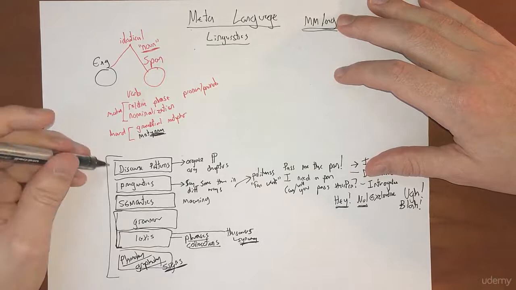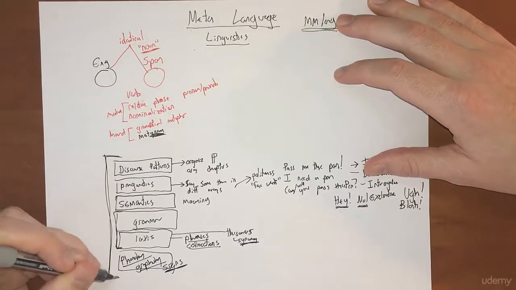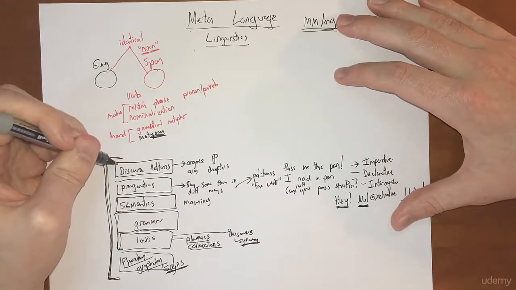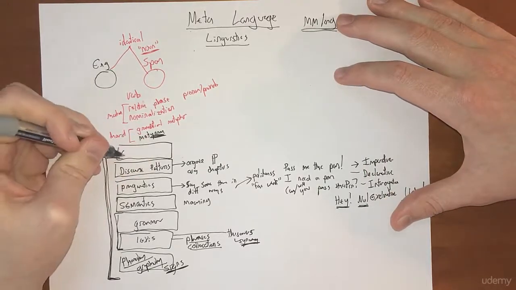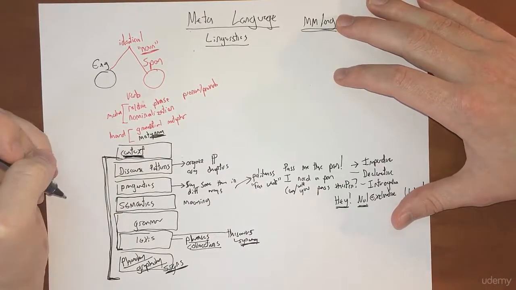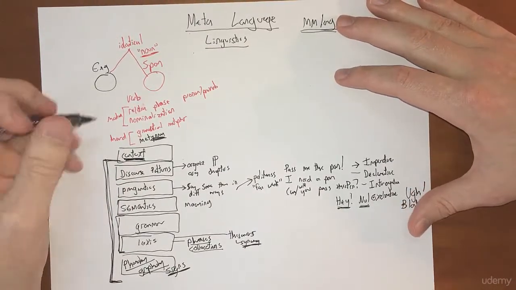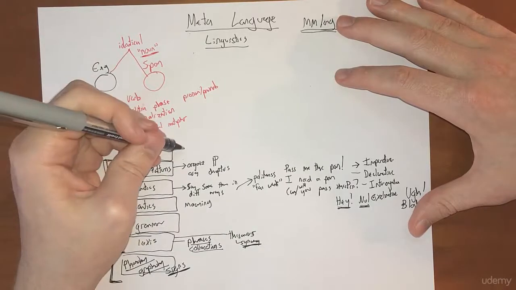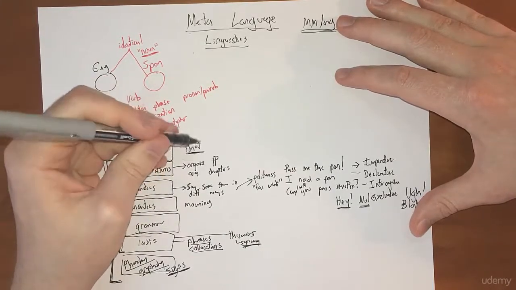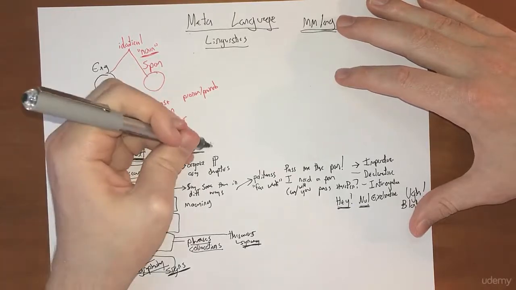So these are the major levels to be aware of. Some people also talk about context. The context of the communication is important. So when you use words like that, it implies that the person already knows that was good.